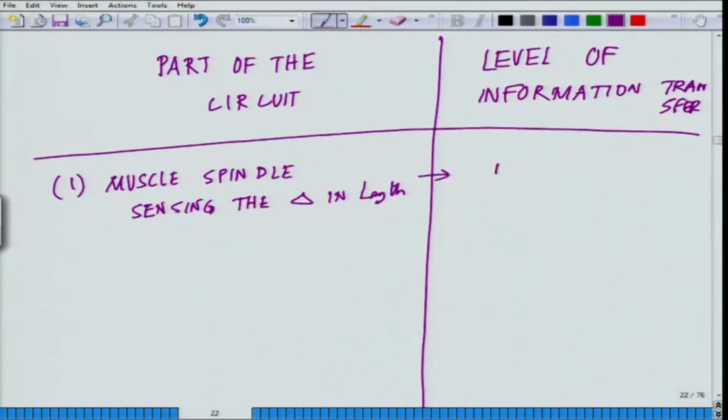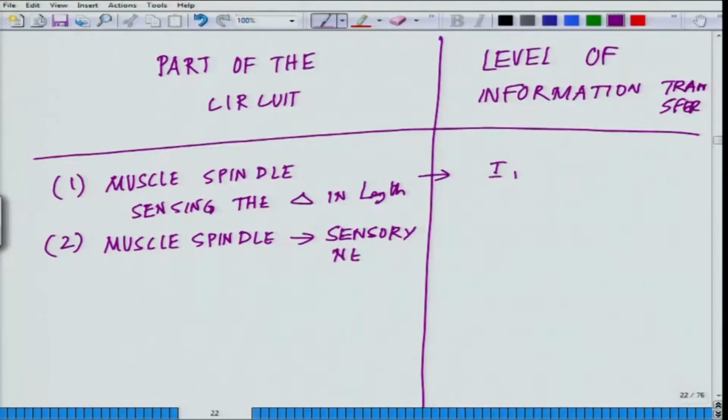So, the first information transfer, I denote it by I1. Second information transfer, muscle spindle to sensory neuron. I2, second set of information.